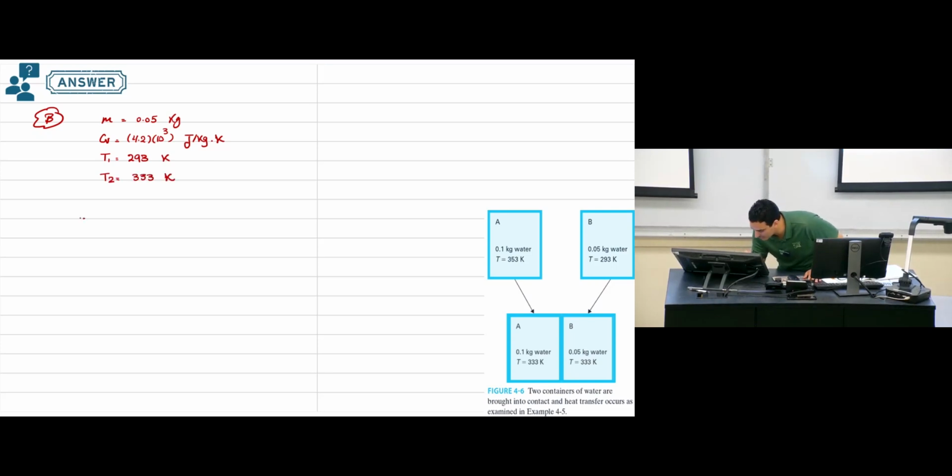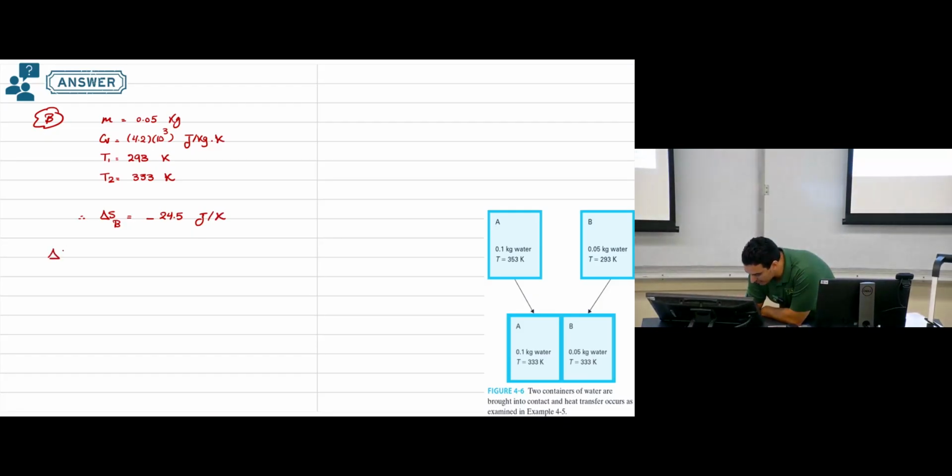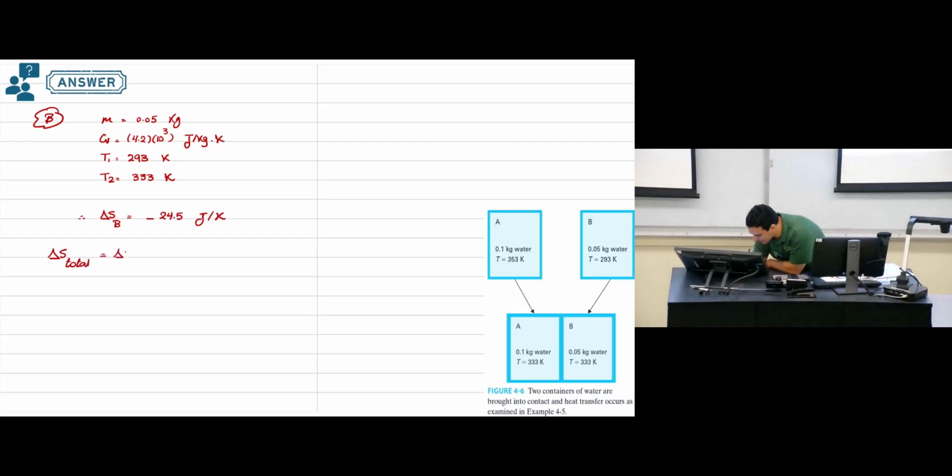Now we have all of these numbers, substitute in the equation to find the entropy change for vessel B. This will be negative 24.5 joule per Kelvin. Now use both numbers to calculate delta S total, which is delta S of A plus delta S of B. If you put both numbers, this will be 2.4 joule per Kelvin.